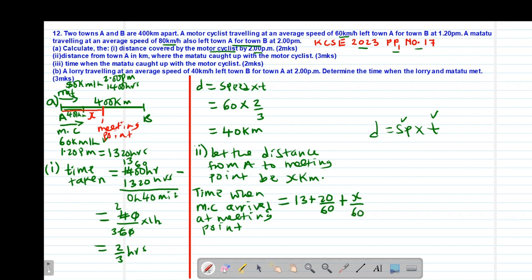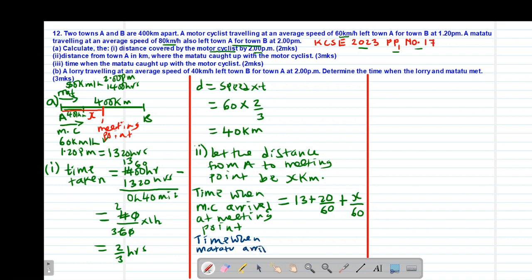Then I'm also going to find an equation for the time when the Matatu arrived at the meeting point. So let me separate this working.